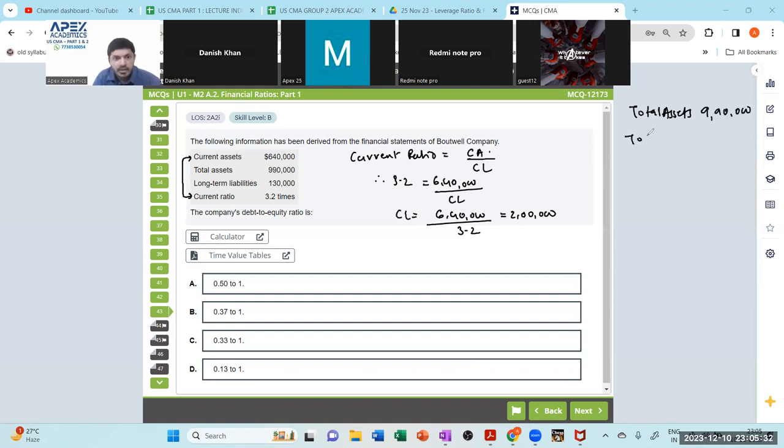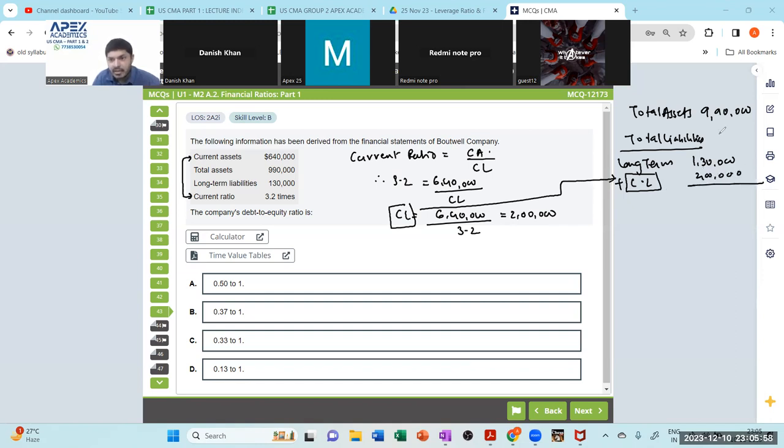Okay. Total liabilities will be long term, which are 1,30,000 plus current liabilities. Where did I get that from? From here. How much? 2 lakhs.